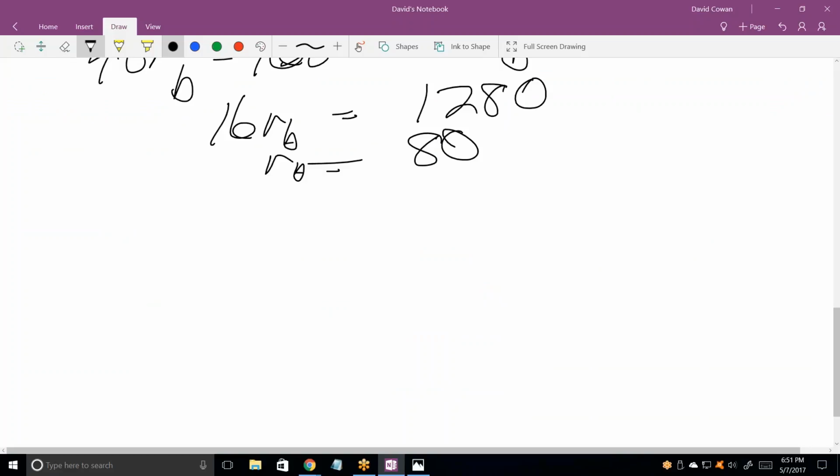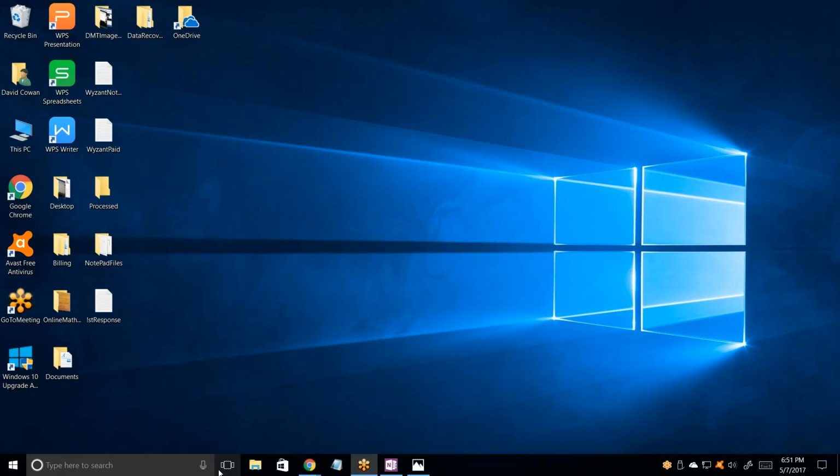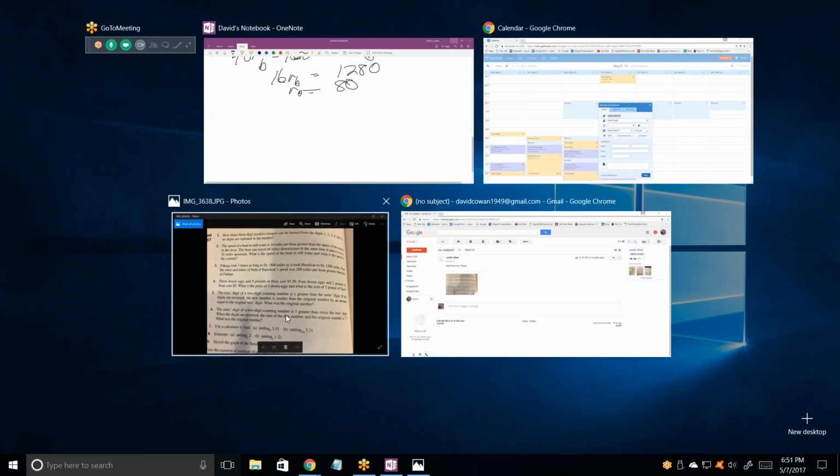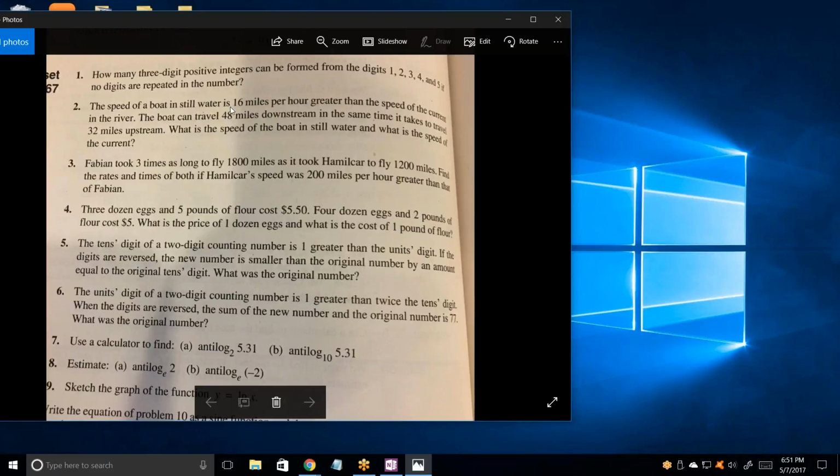All right. So, let's see if that makes sense. In other words, once you come up with an answer, you always want to make sure that's a reasonable answer. So they're saying the boat can go 80 miles an hour in still water.